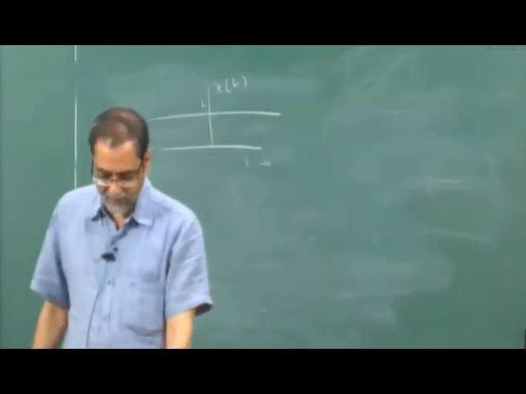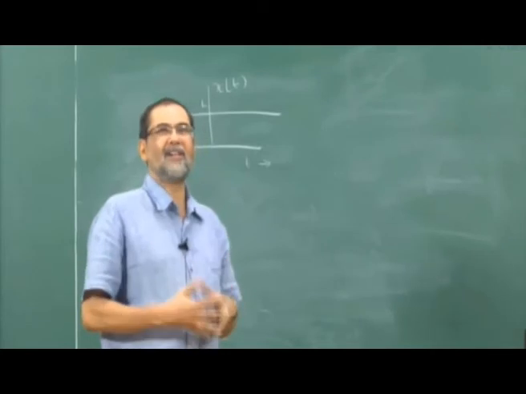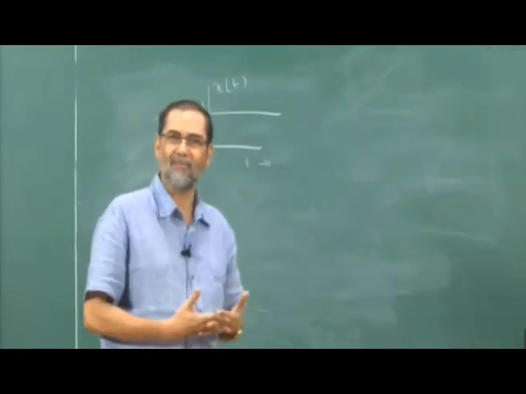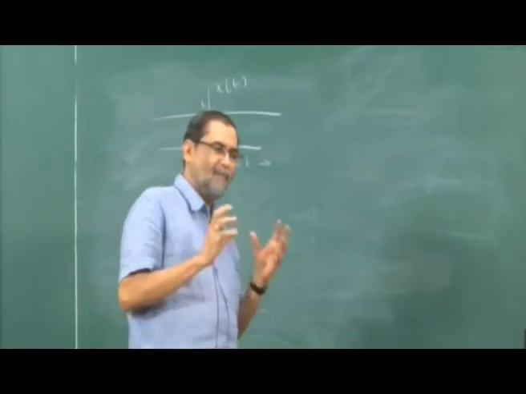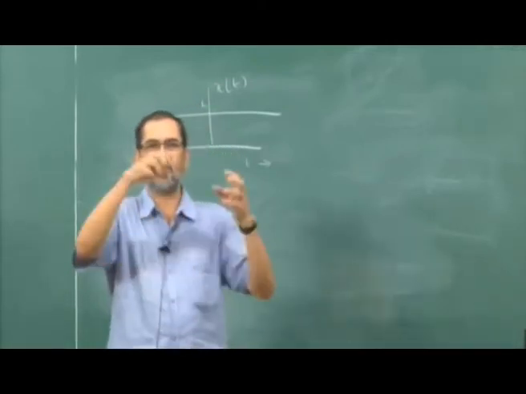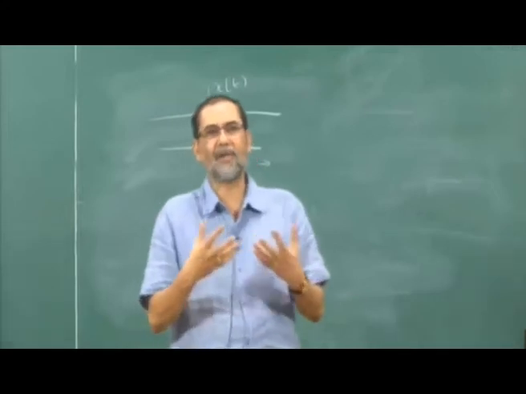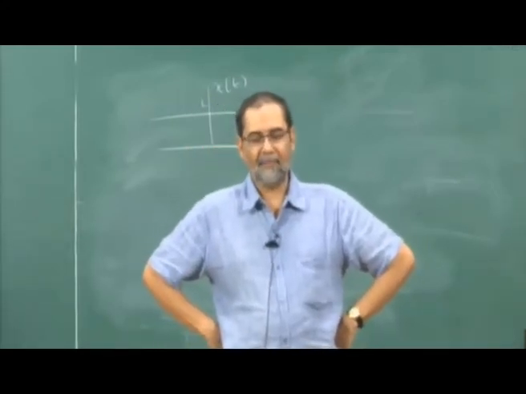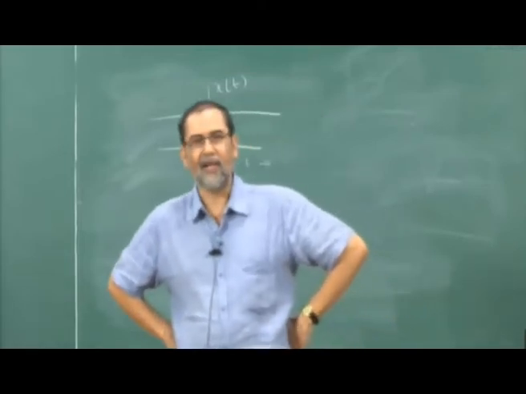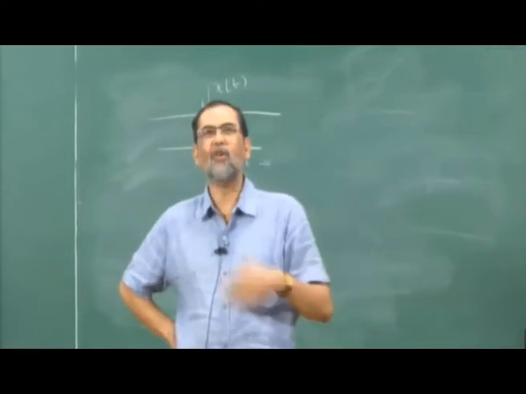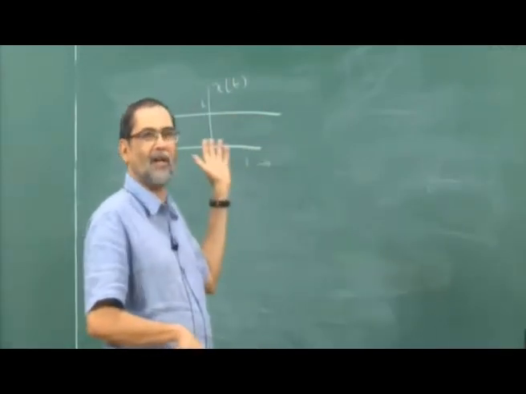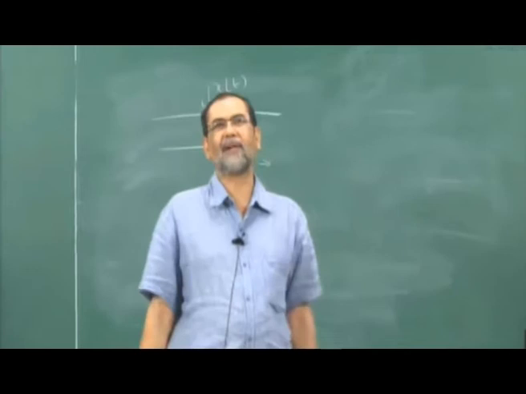Like I said, the entire study of systems is from a practical system point of view, and from practical systems we abstract out some principles and study them. In that sense, u of t is not a very practical signal. If u of t is not a practical signal, this thing which is constant for all times is not even a practical signal.